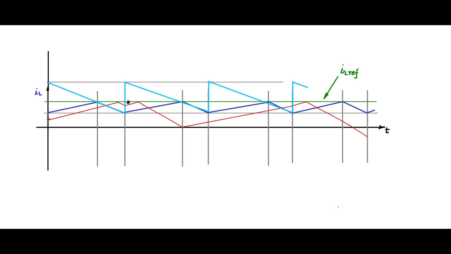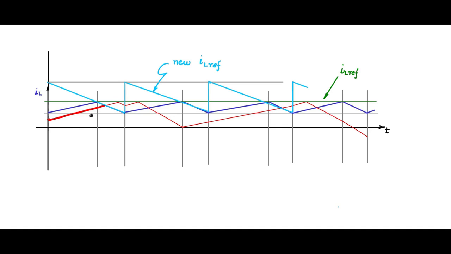Now this sawtooth type of waveform will become the new IL ref. So when you use IL ref of this nature, you see something nice happening. Now let us take the same disturbance and let me allow the inductor current to go parallel to what is supposed to be the steady state value.